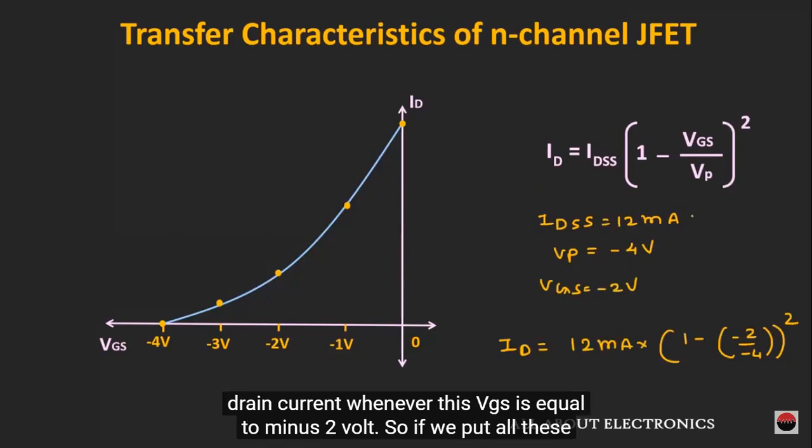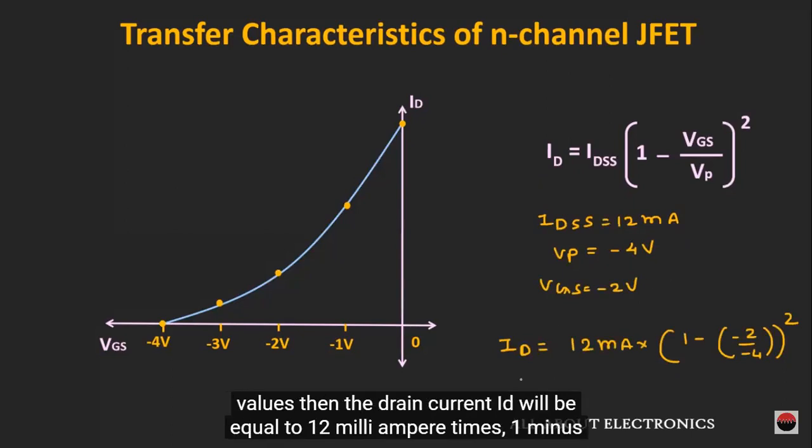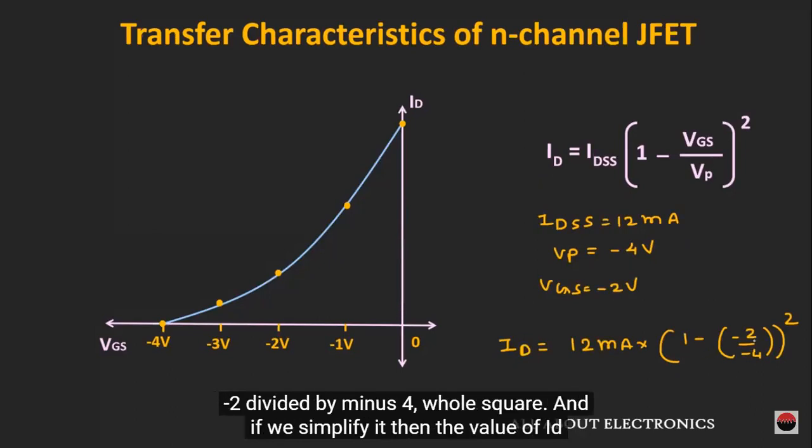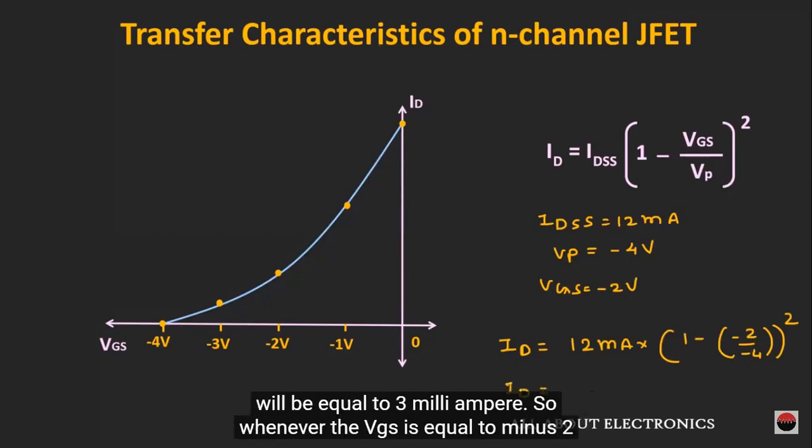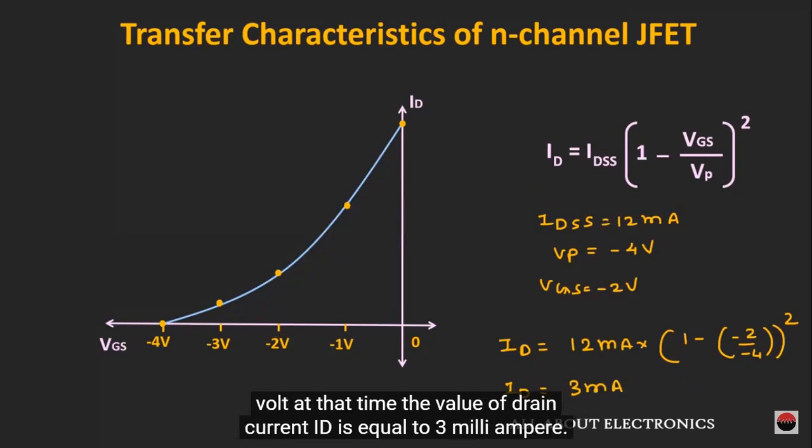So if we put all these values, then the drain current ID will be equal to 12 milliampere times (1 minus (minus 2) divided by (minus 4)) whole square. And if we simplify it, then the value of ID will be equal to 3 milliampere. So whenever VGS is equal to minus 2 volt, at that time the value of drain current ID is equal to 3 milliampere.